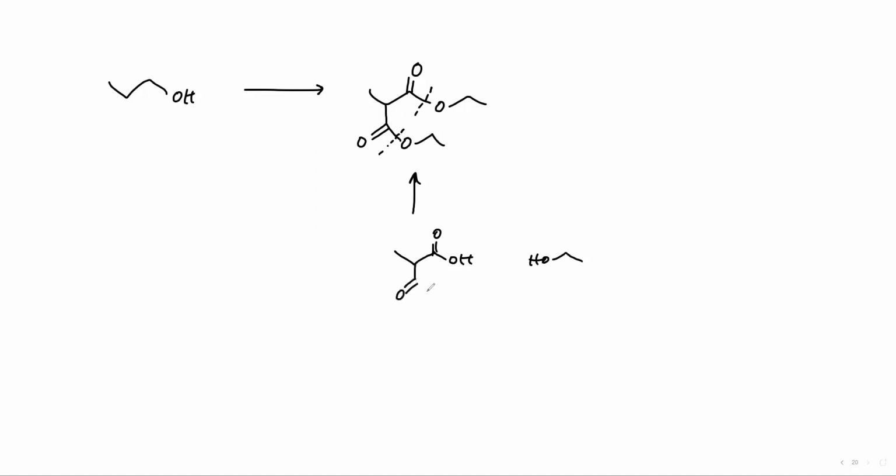And this diacid might help you think about what you need to do to continue. Because if you try to think about ester reactions in terms of ester enolates, remember that ester enolates add electrophiles. They add electrophiles.